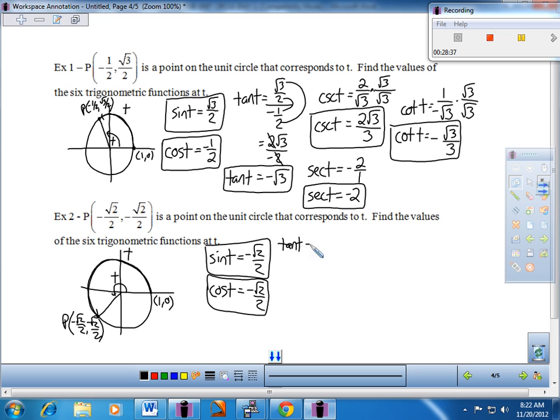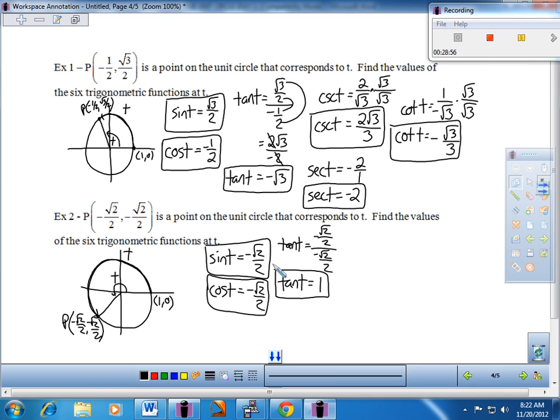It's y over x, so negative root 2 over 2 over the negative root 2 over 2. And obviously, guys, you would simplify this, and I'm hoping everybody recognizes that when you divide anything by itself, you end up getting 1. And so tangent of t is equal to 1.